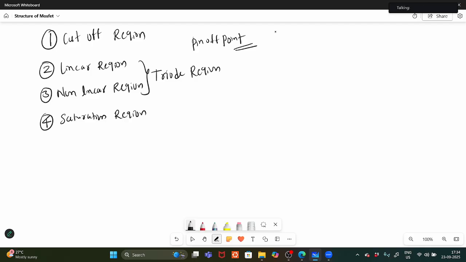Channel punch through or reach through, these are the words we use. Don't worry, we will discuss these pinch off, punch through or reach through conditions. In these operations we discussed now the cutoff region.